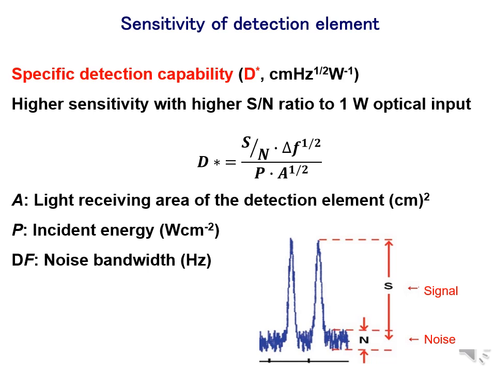Since the signal is used as the numerator and the noise is used as the denominator, the higher the value, the higher the signal intensity and the better the sensitivity. D star can be obtained by using this formula to normalize the detector area, incident energy, noise bandwidth, etc.